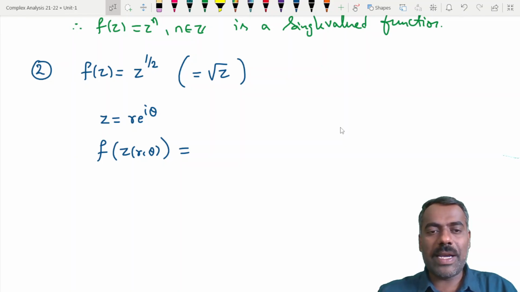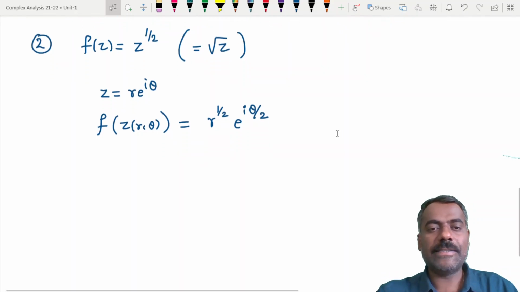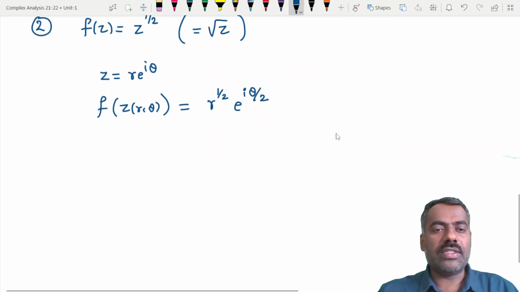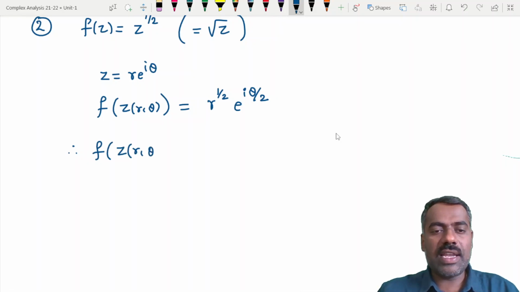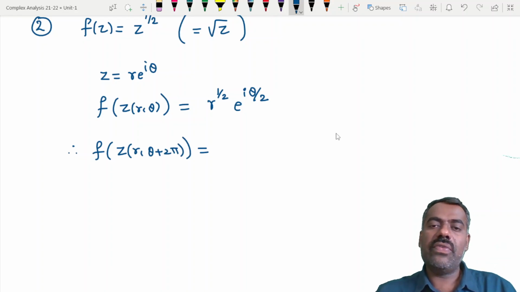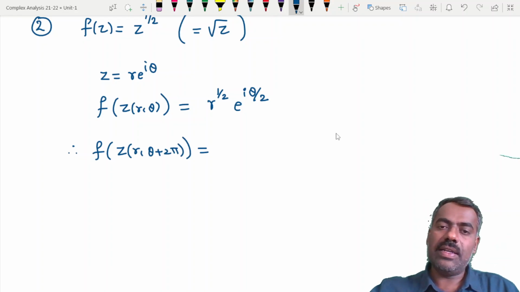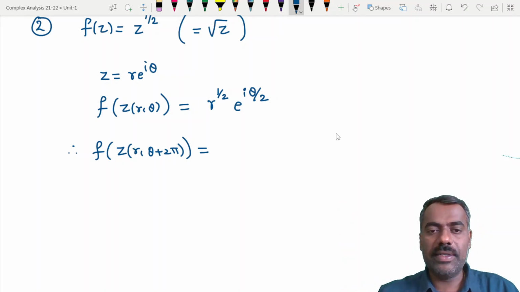So what will this become? r power half and e power i theta by 2. Is that clear? So therefore, what is f of z r theta plus 2 pi? That means what is the value of f of z when it goes around and reaches the same point, it traverses a complete circle.